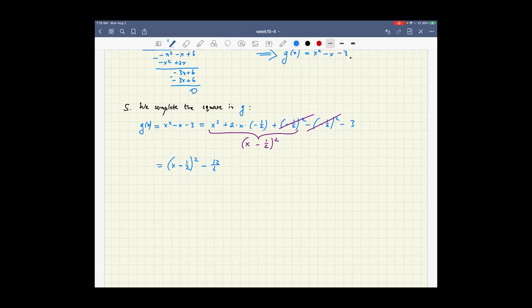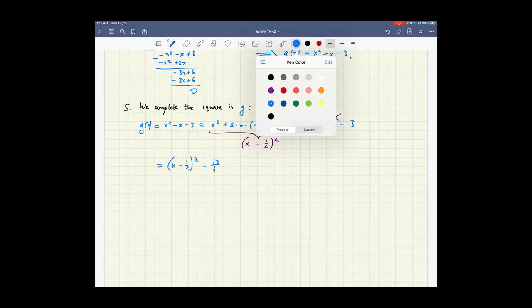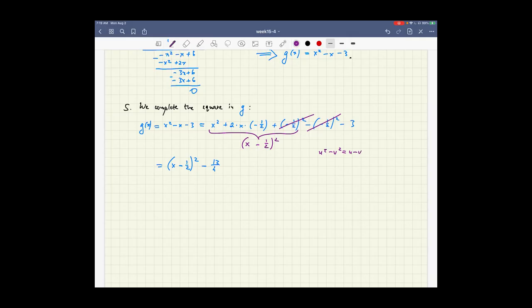And of course, now using the formula for the difference of squares, remember u squared minus v squared equals u minus v times u plus v.